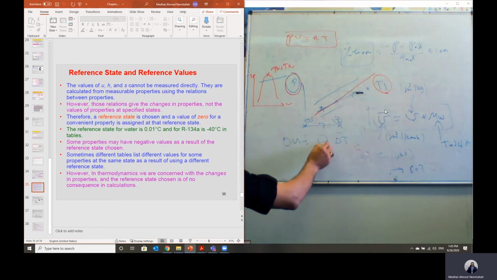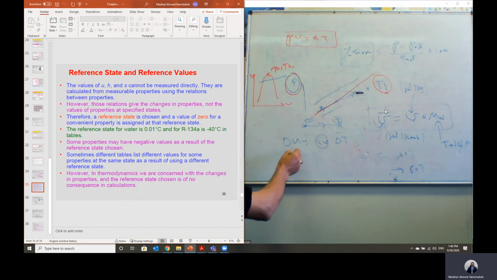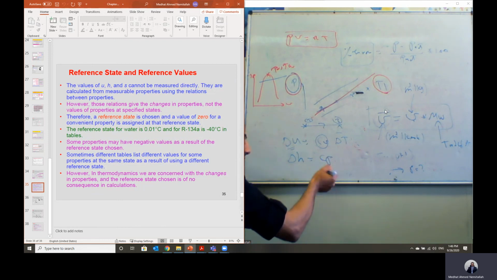We will talk about this parameter, specific heat at constant volume, and how to calculate delta U, inshallah, in chapter 4. So we have a relation only to calculate the change, delta. We don't have a relation that gives us directly the value of U or the value of H.